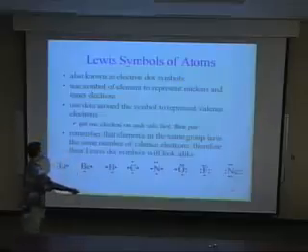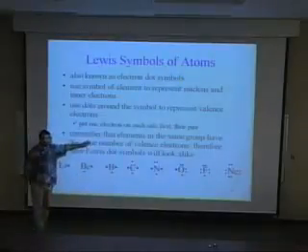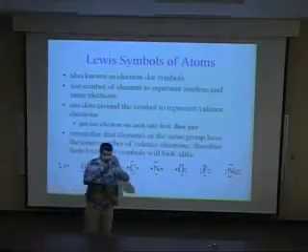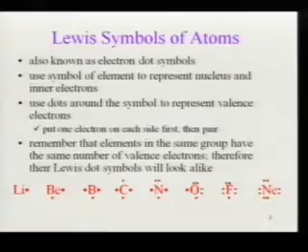Elements in the same group, lithium, sodium, potassium, all have the same number of valence electrons, so they should all have the exact same Lewis structure. Sodium should have 1 dot like lithium, and so would potassium.